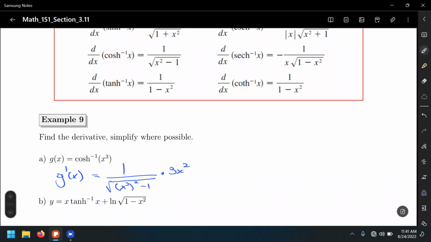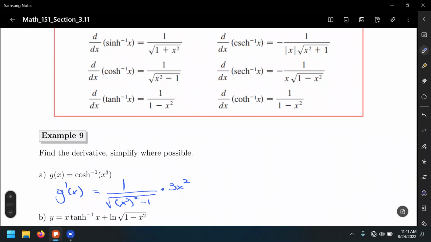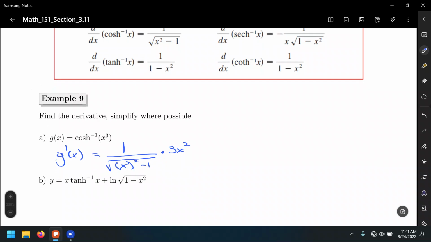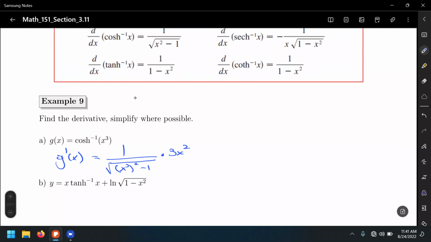Why is it minus 1? This one? It's the inverse cosh. I'm sorry, you're right. No worries, I'm glad you asked. Feel free to ask at any time, feel free to stop. So can I write it as sinh? Yeah, I think that notation is valid.